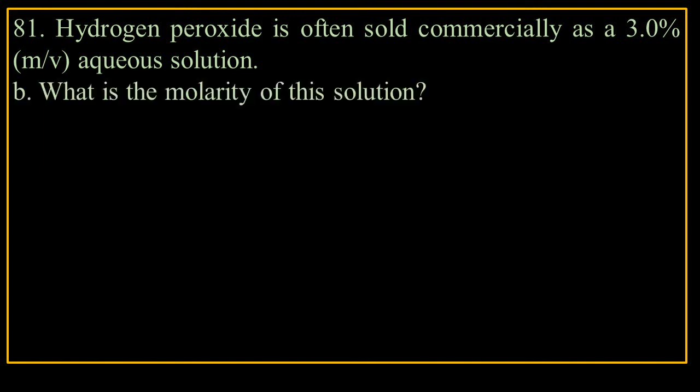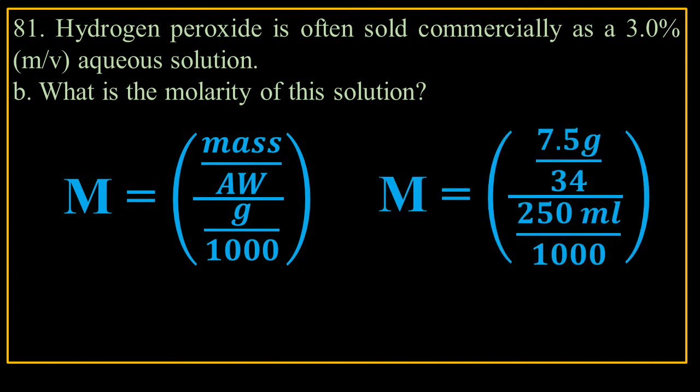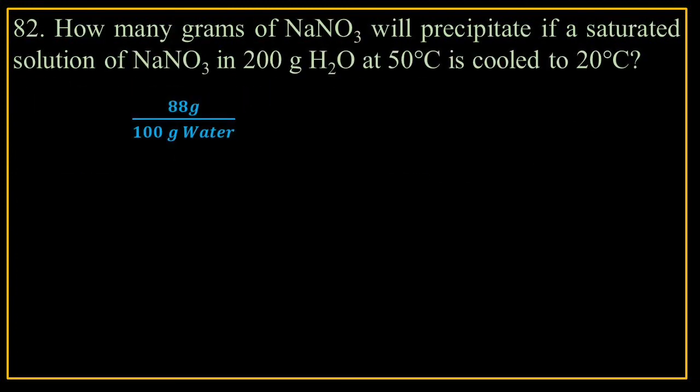Part B: what is the molarity of this solution? So remember, molarity is moles over volume of solution, not volume of solvent, but volume of solution, and that'll be 0.88 molar.